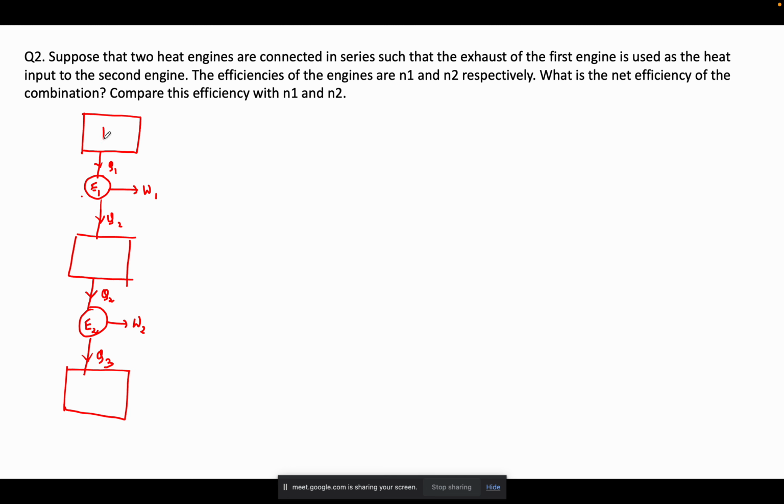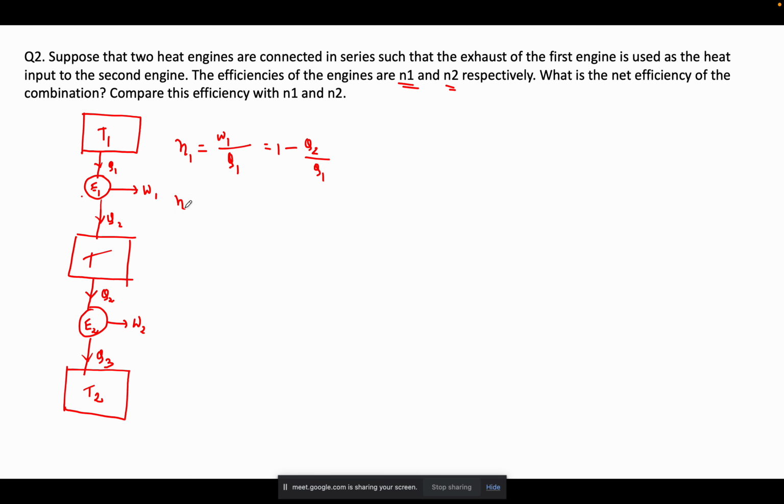If I take this temperature as T1, this temperature as T2, and this intermediate temperature as T, then it is telling us that the efficiencies of the heat engines are eta 1 and eta 2. Remember, they are not saying this is a Carnot engine, so you cannot write this in terms of 1 minus T2 by T1. So my eta 1 will be equal to W1 by Q1, which we can also write as 1 minus Q2 by Q1.